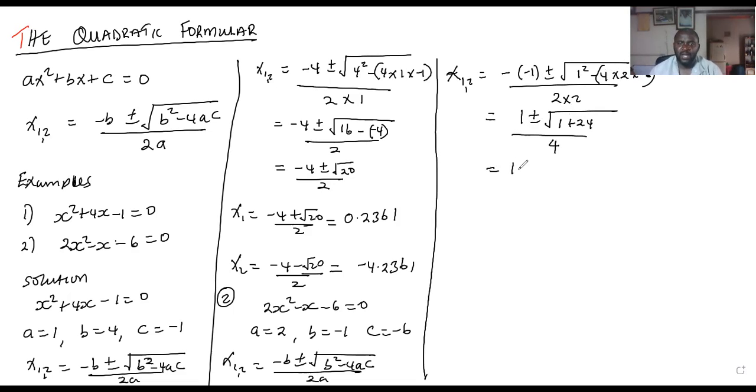This will be 1 plus or minus root of 25, all over 4.